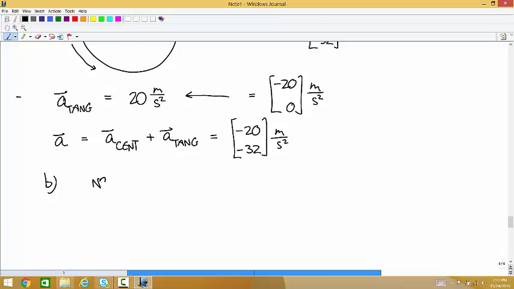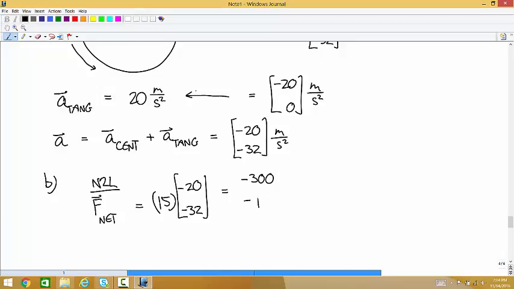So let's just go straight to Newton's second law, and we'll say F net is equal to the kid's mass, 15 kilograms, times the acceleration of negative 20, negative 32. And so that is negative 300 and negative 480 newtons.